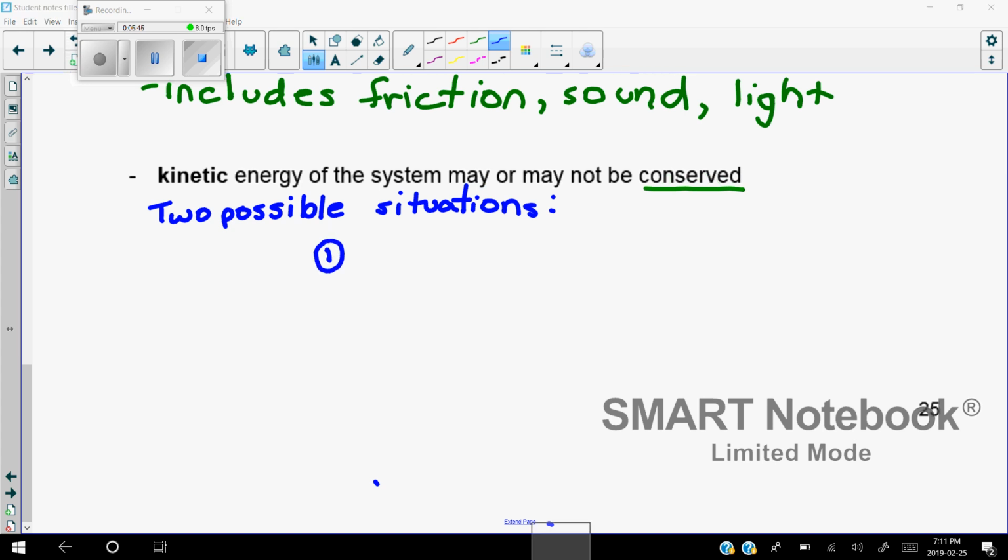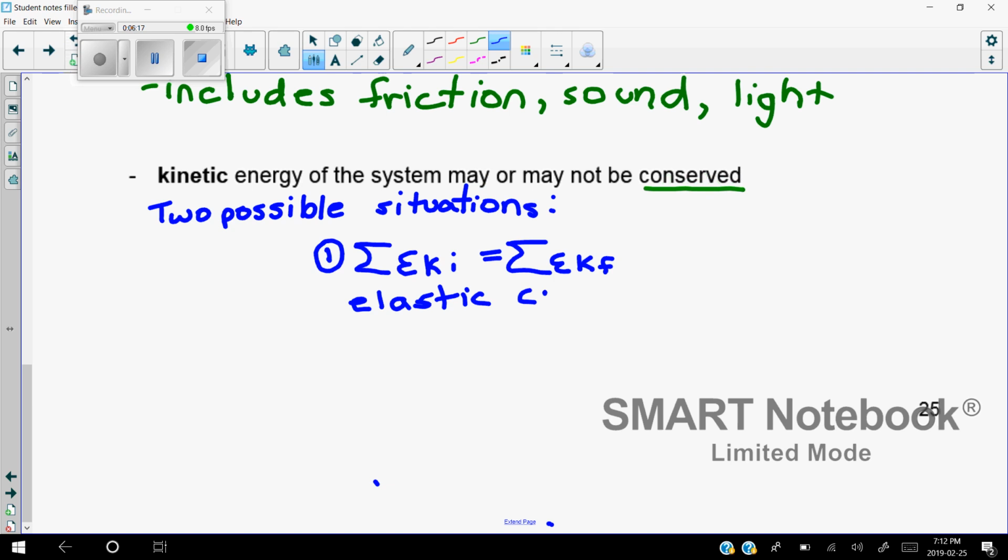So from that, we can say, here's that symbol again, the sum of your initial kinetic energy is equal to your kinetic energy at the end. So your EKF, which is your kinetic energy at the end. So this means that the kinetic energy is conserved, and we call this an elastic collision.